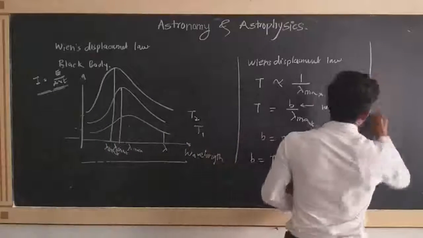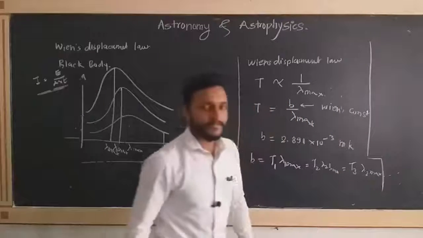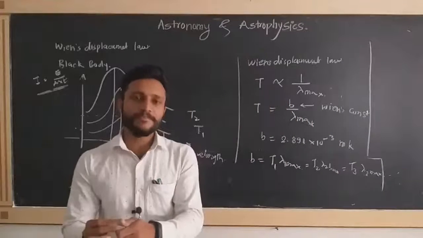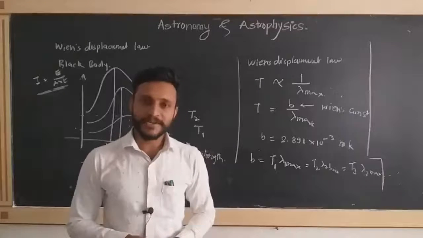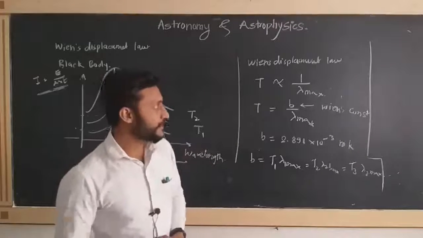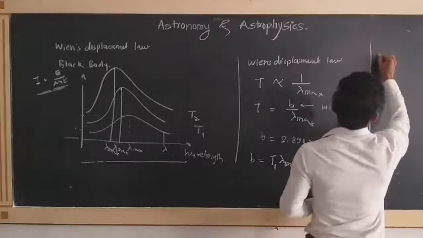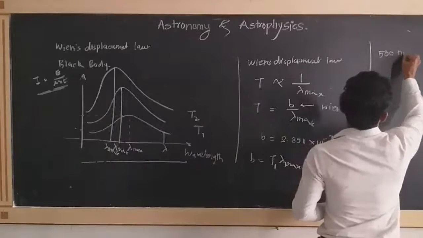One interesting thing is observed: the radiation of maximum intensity in the electromagnetic spectrum from the sun is at 500 nanometer.